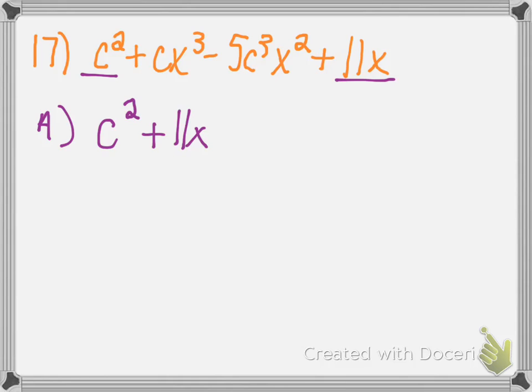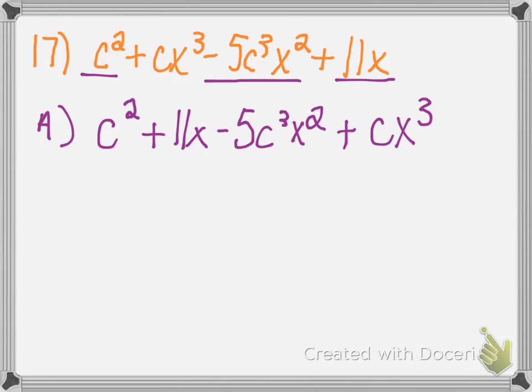Then you're looking for an exponent of 2, which is your third term. Don't forget your negatives, so negative 5c to the third x squared. And then obviously your last one is plus c x to the third. So that's ascending. For descending, you are doing biggest to smallest, so you are going to write the ascending one in reverse order.